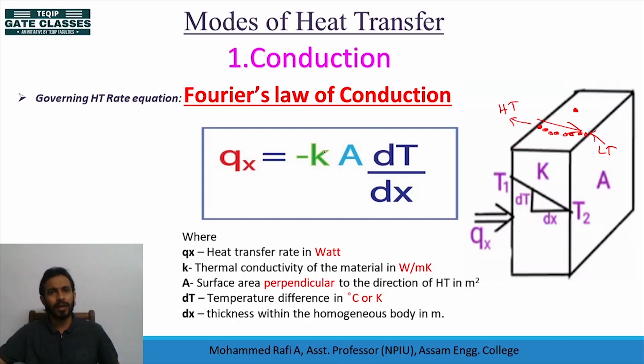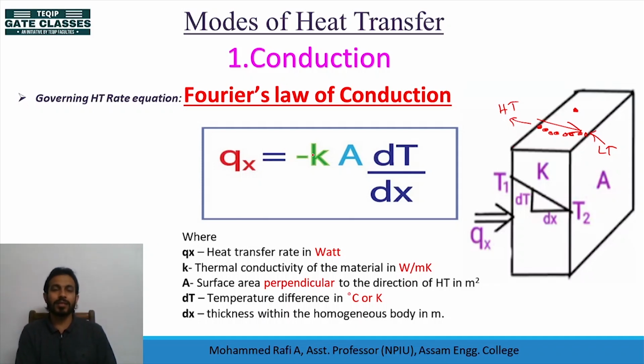How are these governing equations defined? In every engineering course, equations may be defined either by a mathematical approach, where we start with some primary equation, apply some boundary conditions, and derive another equation. Similarly, there is another method, that is experimental observation.